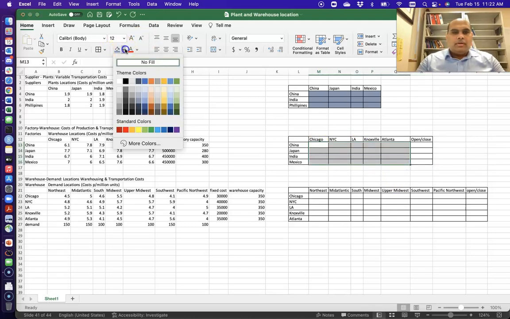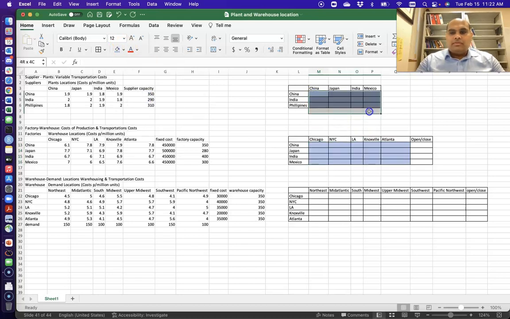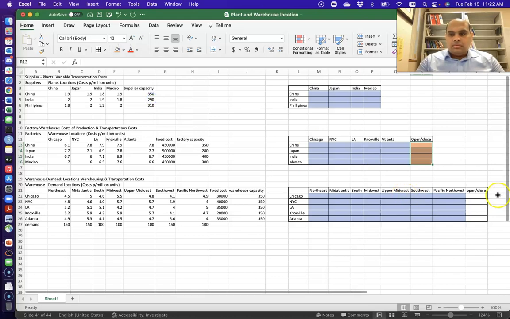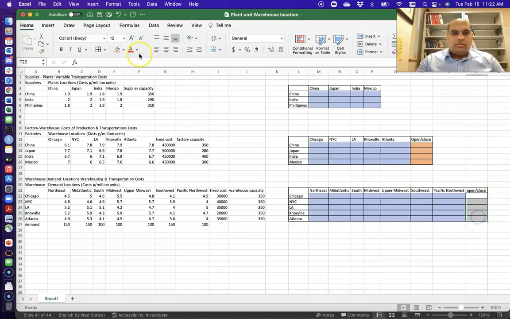These are all my variable cost decision variables. And of course my fixed cost, these are my y variables, the 1, 0 variables. So we have decision variables, the 3 sets of x variables and 2 sets of y variables.